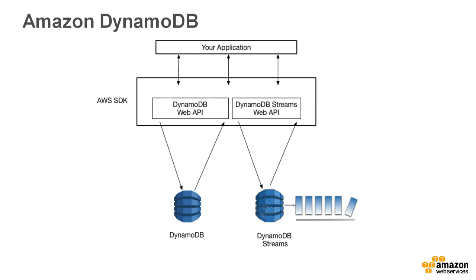They interact with your application in the fashion that your application sends API requests or API calls to the SDK, DynamoDB Web API, and Streams. First, the DynamoDB Web API is called, it returns a request, then DynamoDB Streams is called, and it returns the request, and your operation is continued.